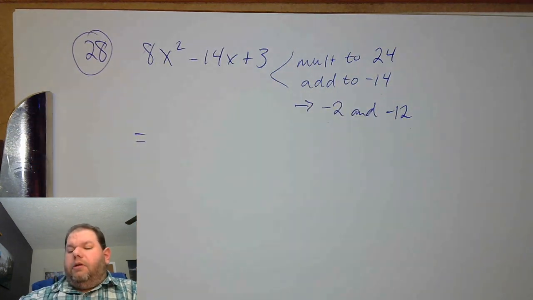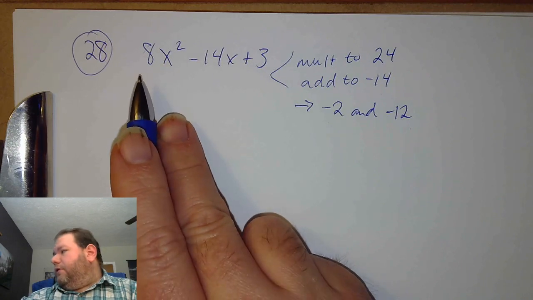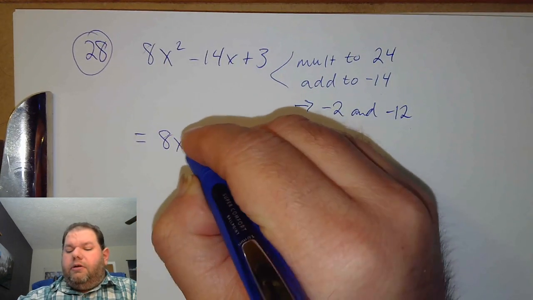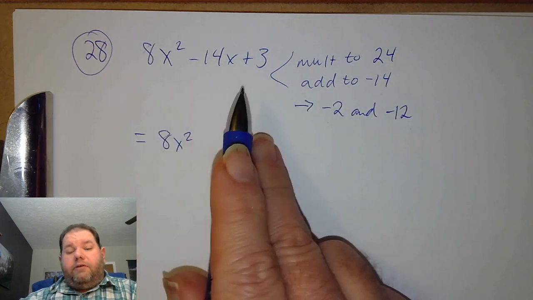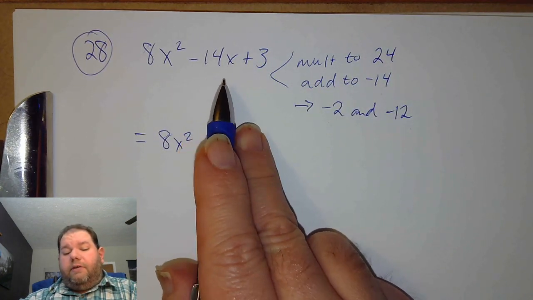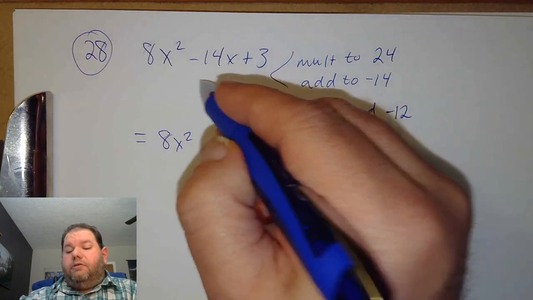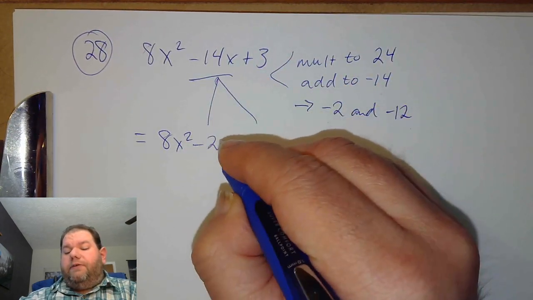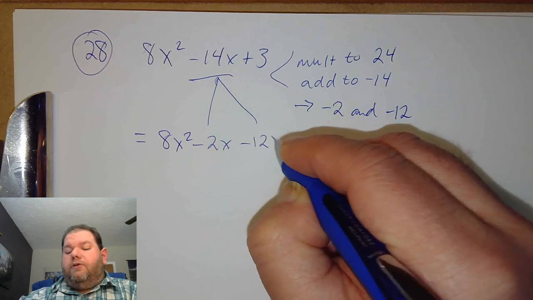Because we're working with a number in front of the x squared term, this time, instead of factoring, we're going to split up the negative 14x in the middle. Negative 14x is going to be split into two terms, minus 2x and minus 12x.